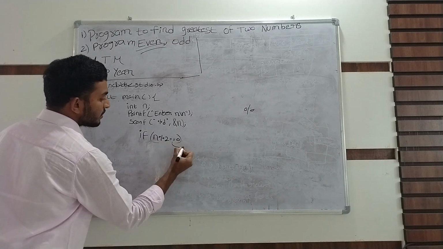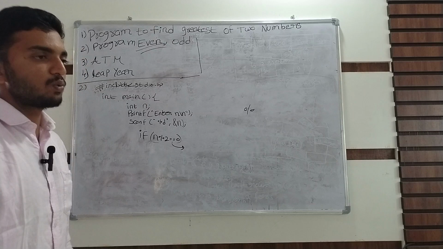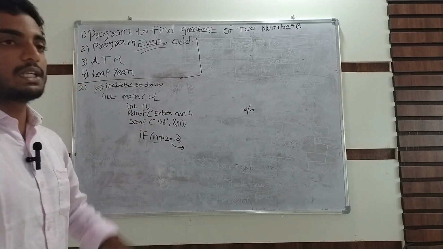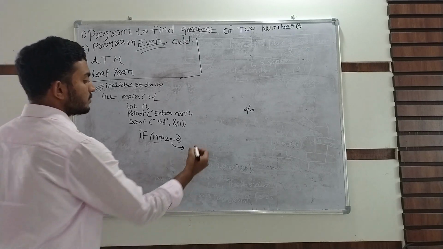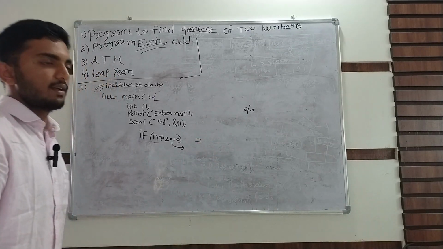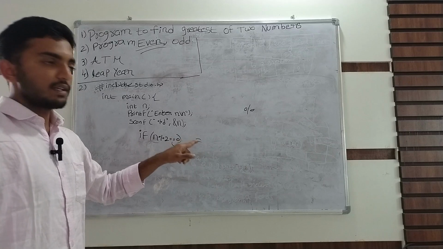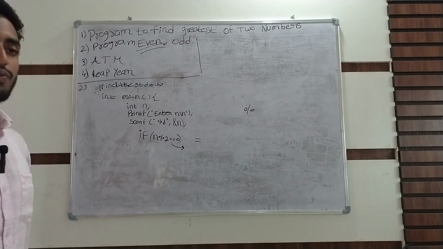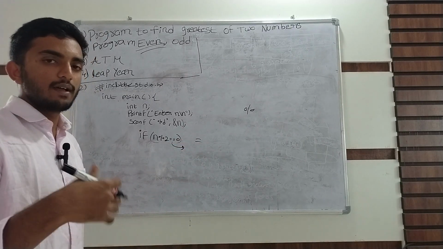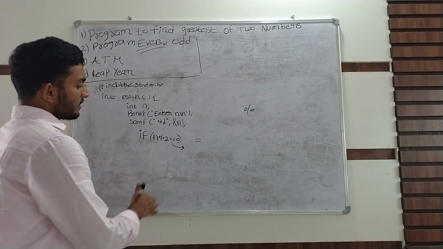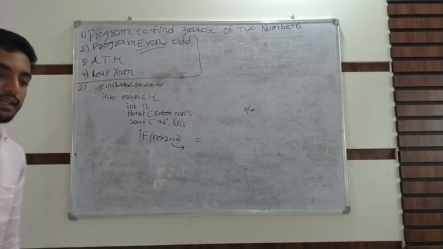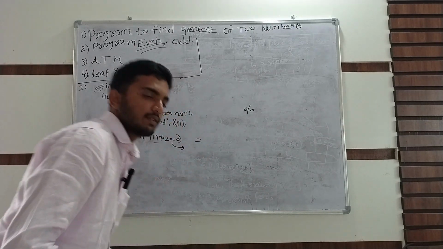I am using double equals to here. You may have a doubt: why are you using double equals to and not the single equals to operator? Because single equals to is used for assigning a value to a variable. Double equals to is used for comparing values.